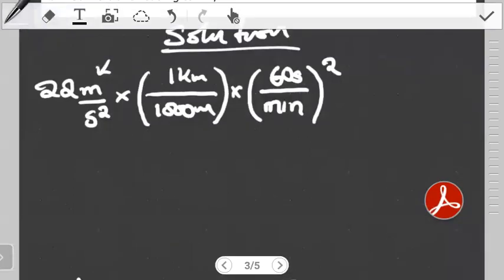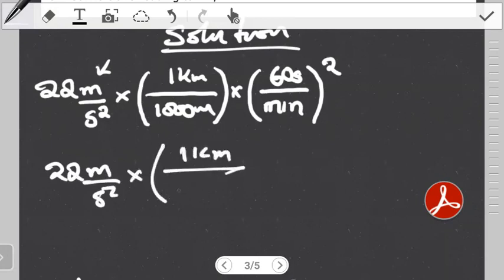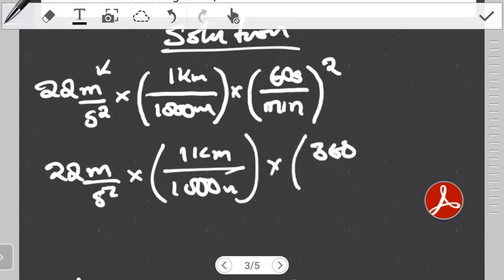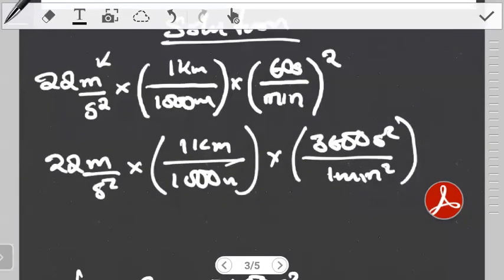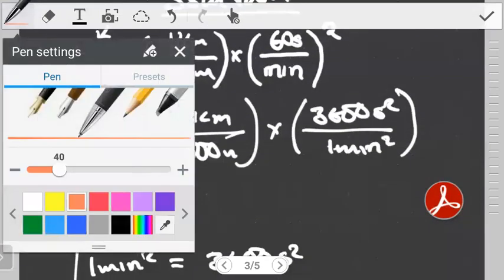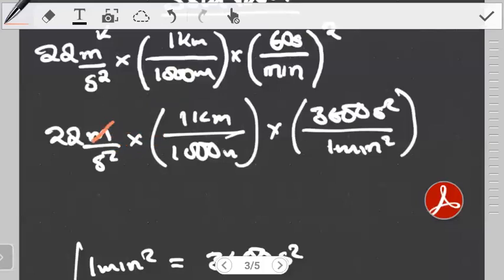So if we simplify this, you will see that what we now have is 22 meters per second squared. Let me get the whole thing first of all, so that you see how that square will simplify that. Then the other side, what we have is 3,600 on top, second squared now, over 1 minute squared. So from here, again, observe how the units cancel out. The meter will go out with the meter here. The second squared will go out with the second squared there.